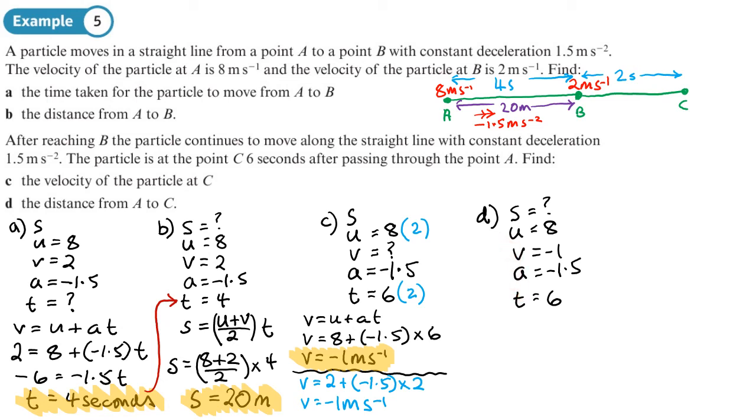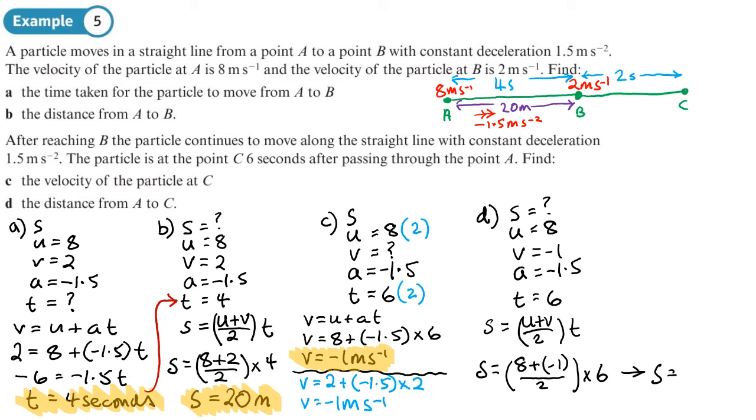I've got the time, and I want to find S, so it's going to be S equals U plus V over 2 times T. So S will equal U plus V, so that's going to be 8 plus negative 1, over 2, times 6.